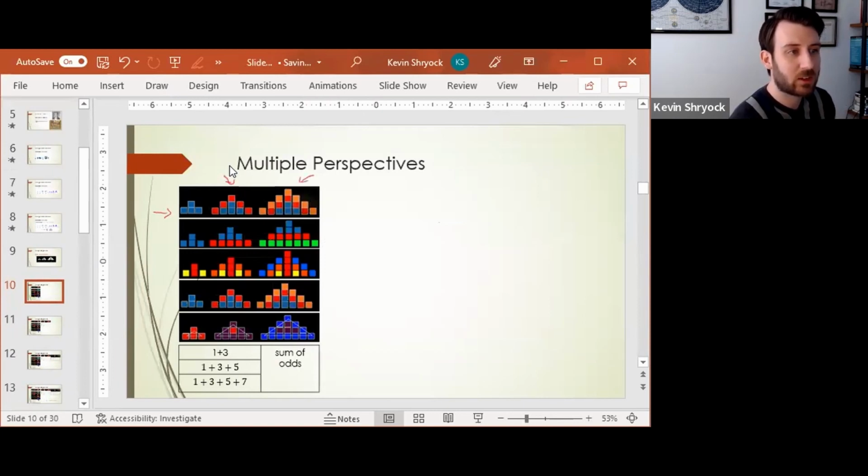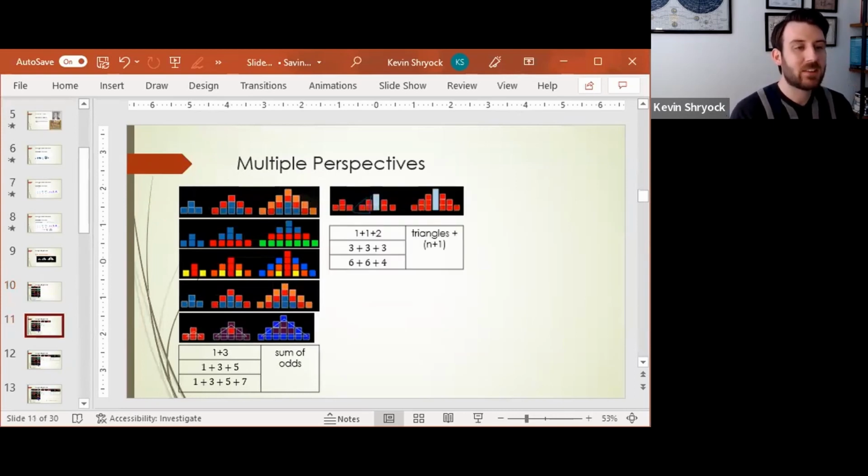So maybe the 3 things actually came from 3 on top of that center block, where it's 1 and then 3 on top of that, then 5 on top of that, and then 7 on top of that. So we can look at this progression as if it's the sum of the odd numbers. But we could also look at it as if it is something where there are triangular numbers, right?